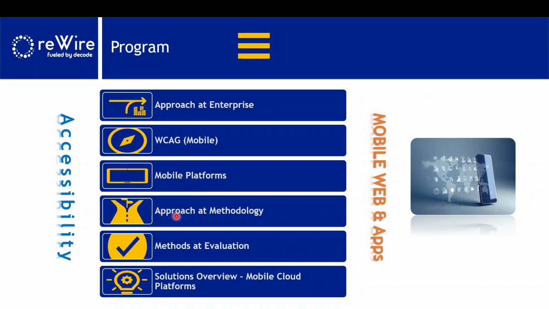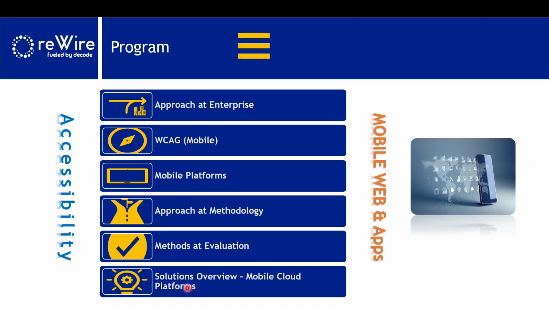What is the overall approach to project execution? What are the methods we experience in apps accessibility testing? And I'm going to cover the mobile cloud platforms, because every enterprise customer depends on mobile cloud platforms.